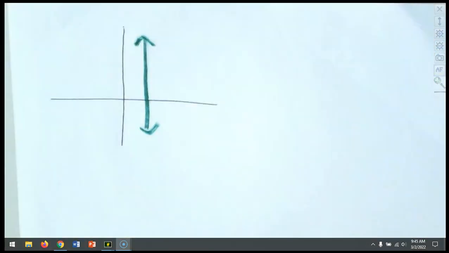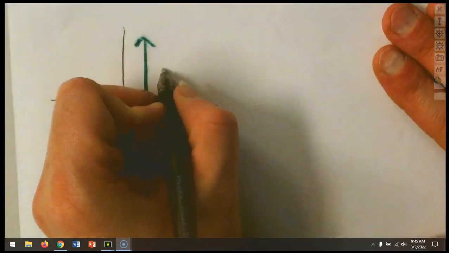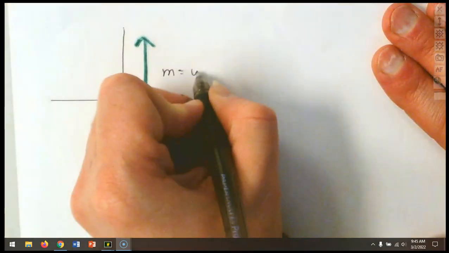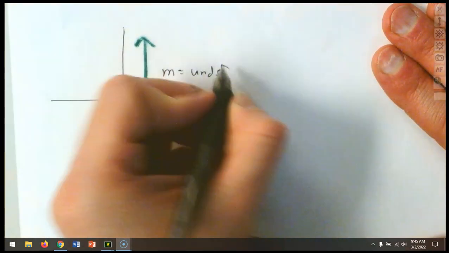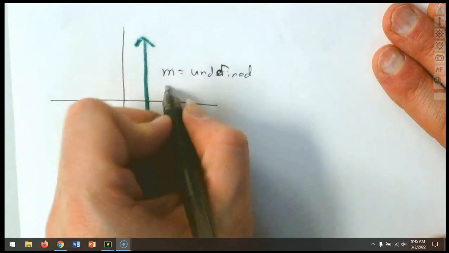Does anyone remember if this is going to be an undefined slope or a 0 slope? Yep, it's going to be undefined. Very good. So this one's going to be undefined. And that's a vertical line.